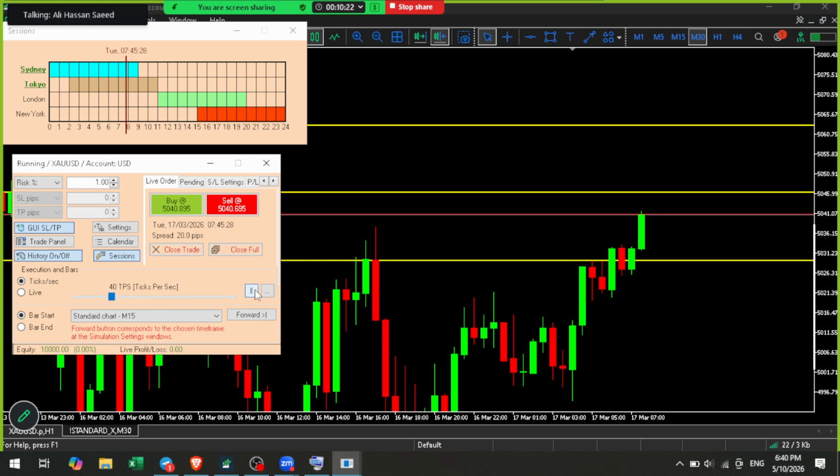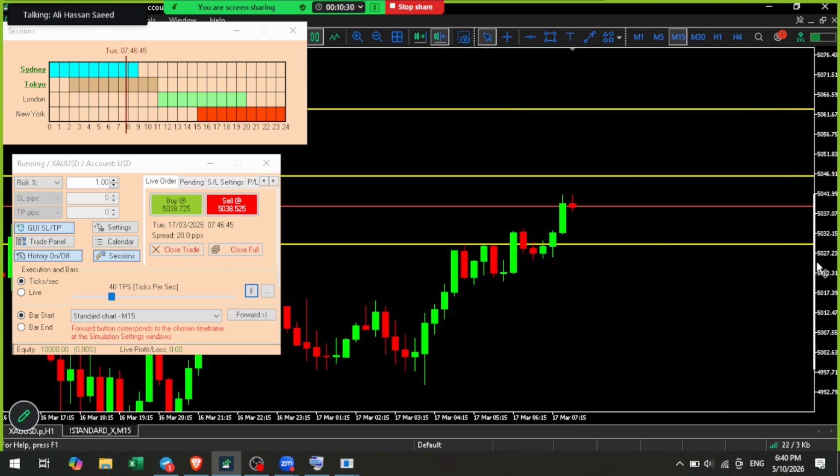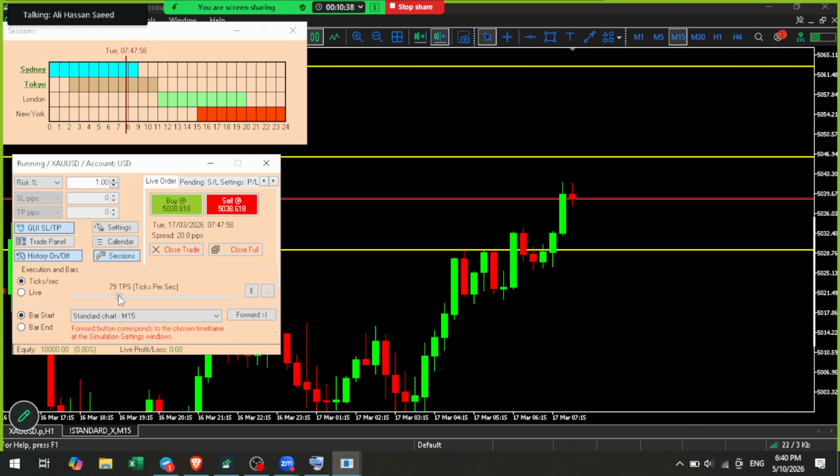7:50, after 15 minutes the 4 hour candle is about to close. Let's go down to the 15 minute time frame. We have a candle closing like this. Let's see how the next candle closes.